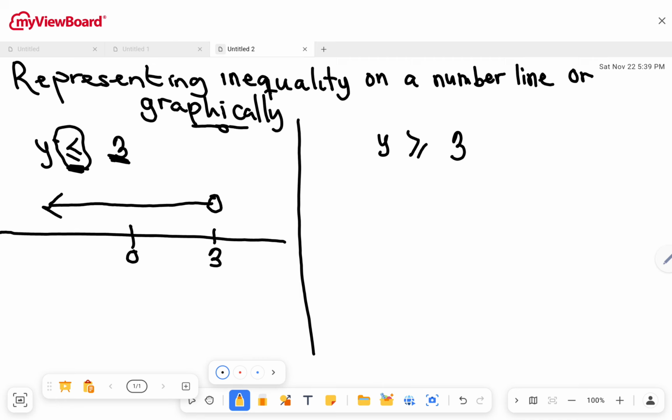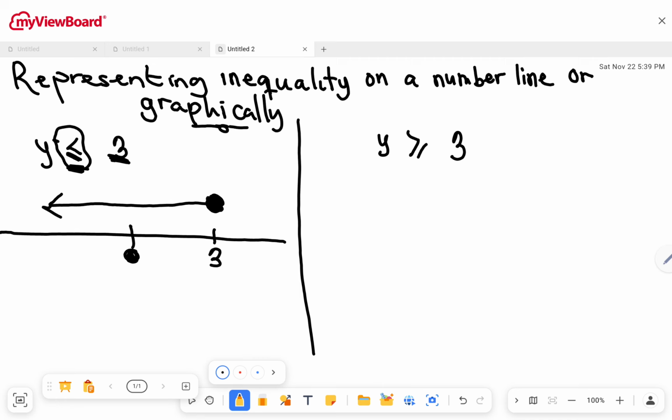From what we learned, y is a number which is less than 3, and all numbers pointing to the left hand side are less than 3, because this 0 here, which is used as a reference, is less than 3. Now because of the line over here, or equals to, which is added to the less than, it means we must deepen this circle that you wrote here.